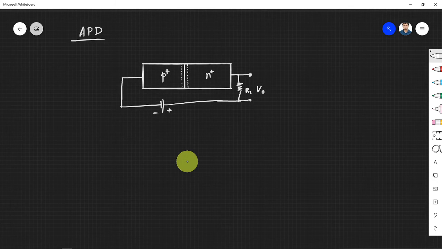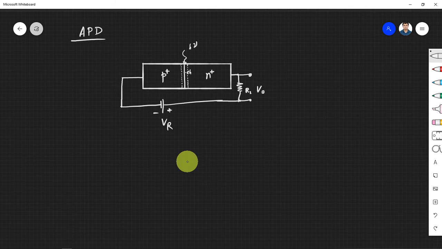In this construction, whatever the VR, if we keep increasing this value of VR, the reverse bias potential, it will again generate electron and hole pairs in this junction. Now if you make this device thin, with P and N narrow, we can create an enormous electric field across this device.